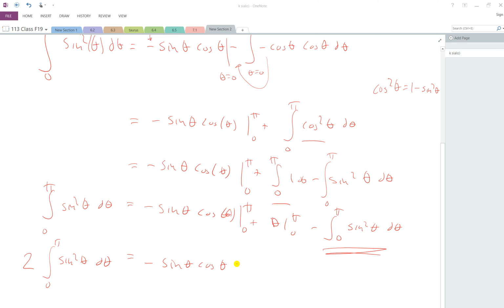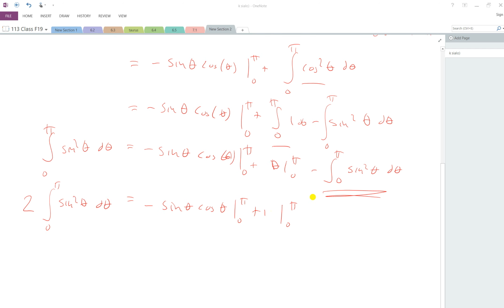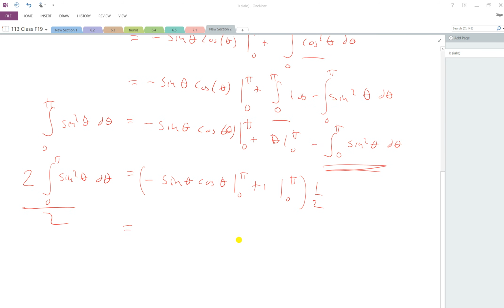From 0 to pi, plus theta from 0 to pi, and I had 2 of those, so I can divide by 2 over here and evaluate it.